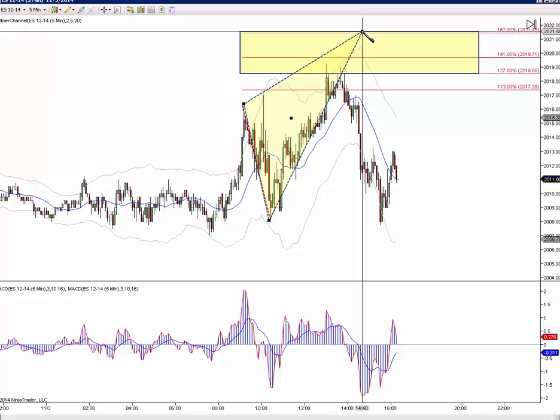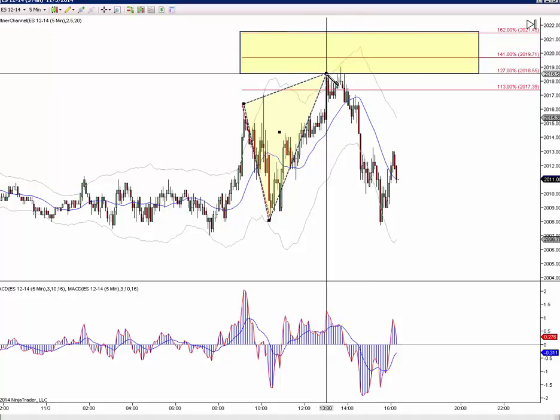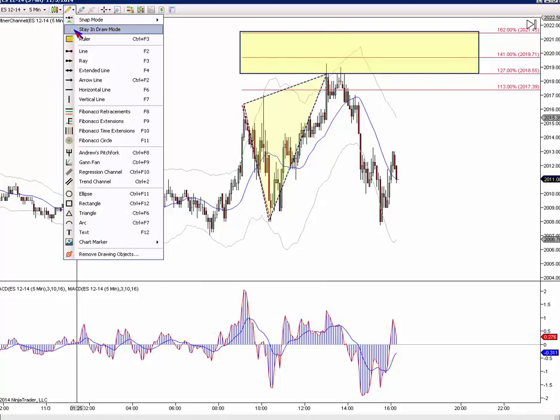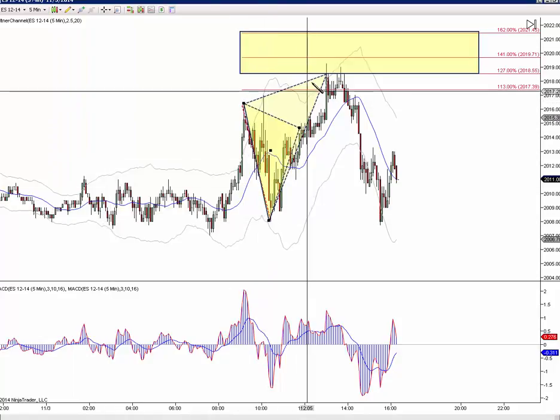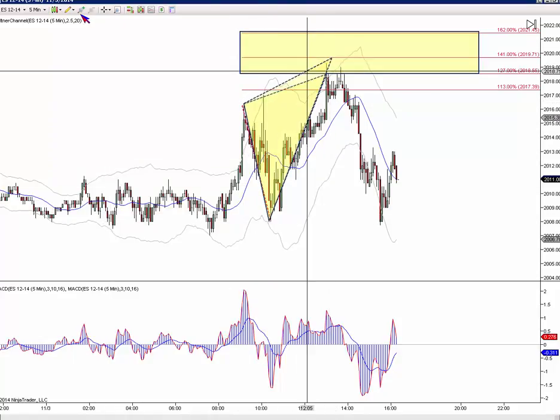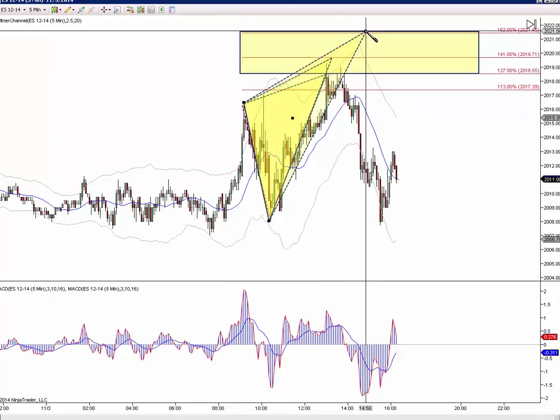It can go this high, or it can come down and go to the 141, or it can come down and go up to the 162.